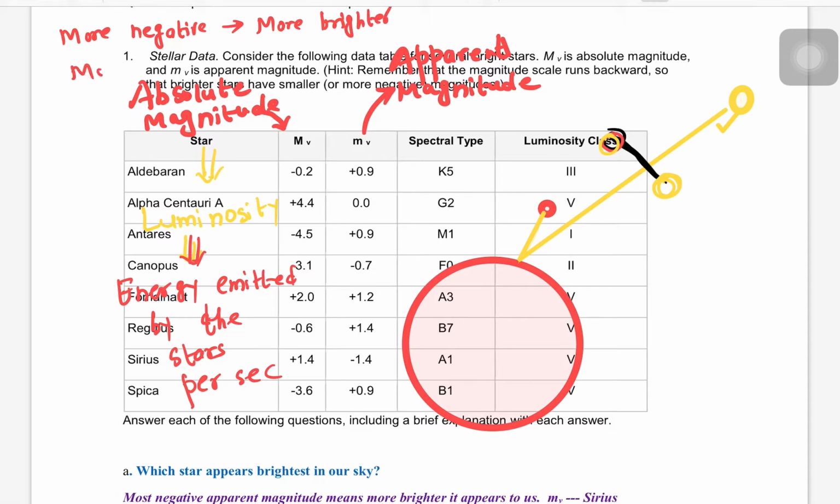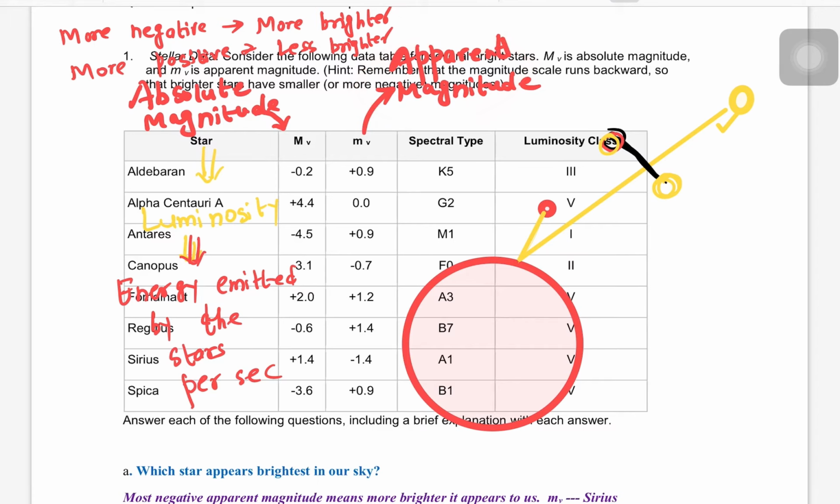More positive, less brighter. That happens for both absolute magnitude and apparent magnitude. In fact, this would tell you the luminosity and this would tell you the apparent magnitude.